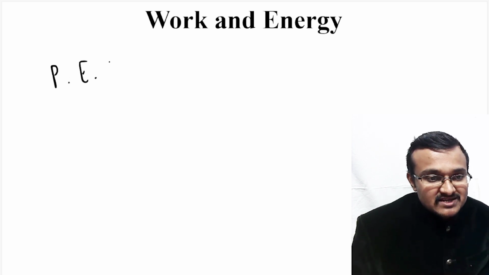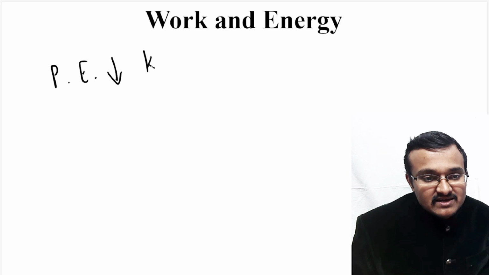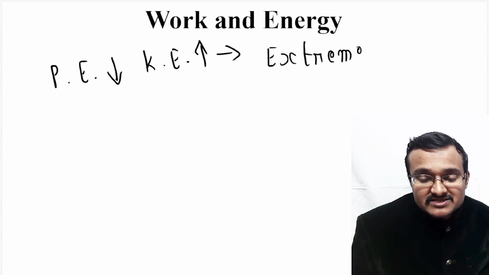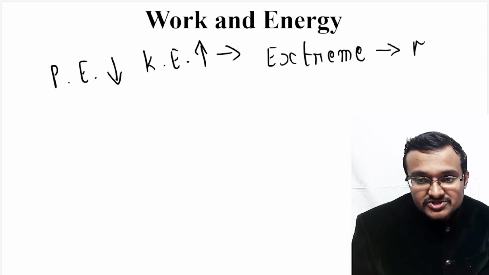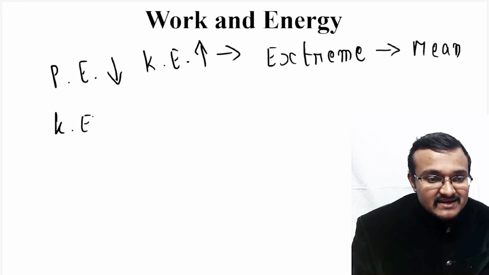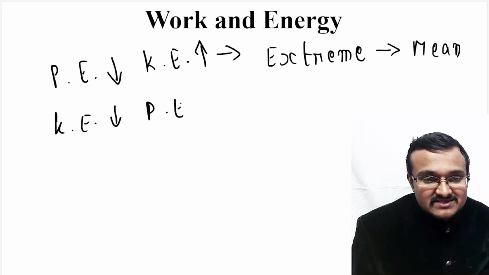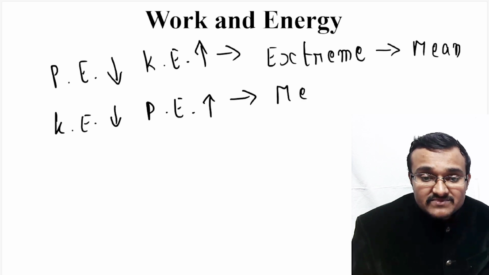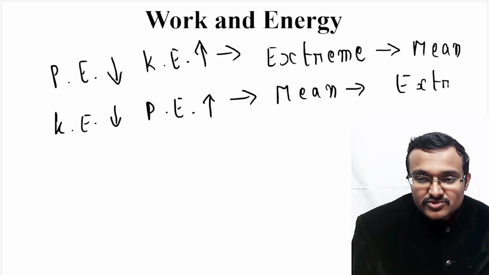Potential energy is decreasing and kinetic energy is increasing while going from the extreme to the mean position. Whenever the pendulum is coming from the extreme to the mean position, the potential energy is decreasing and kinetic energy is increasing. But kinetic energy decreases and potential energy increases when the pendulum moves from the mean position to the extreme position.